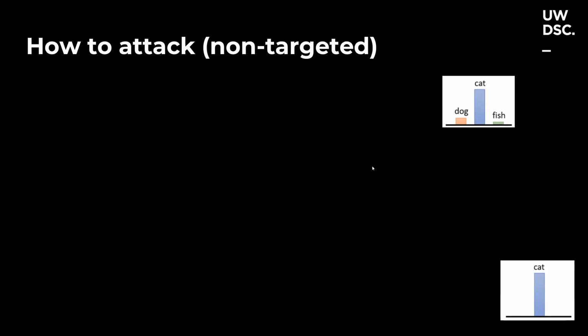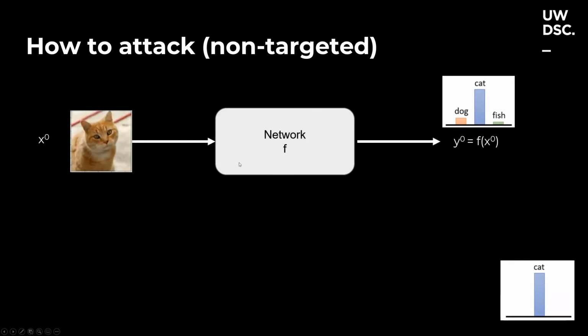Let's say we have a cat image called x0. We feed it into the network f, and we get our prediction y0, which is equal to the function f taking x0 as its input.